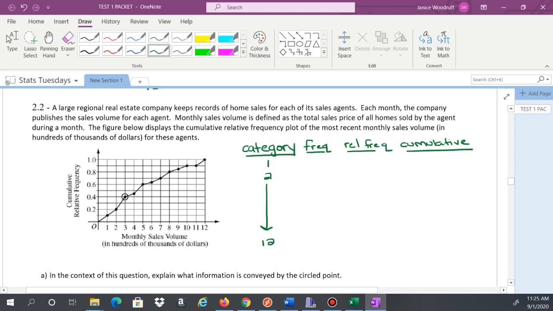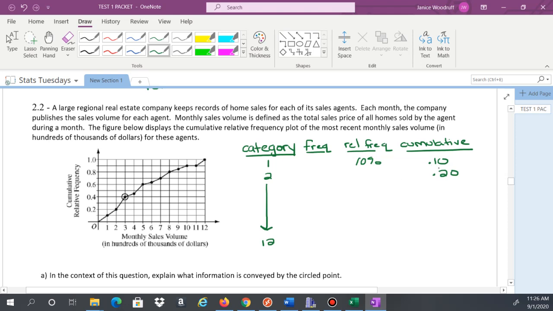At 1, you've got 0.10. We don't know how many agents there are, but we know that's 0.10. If you go back as a percentage, that'd be 10%. Then here, this cumulative frequency is 0.20. Remember, you're adding them as you go.